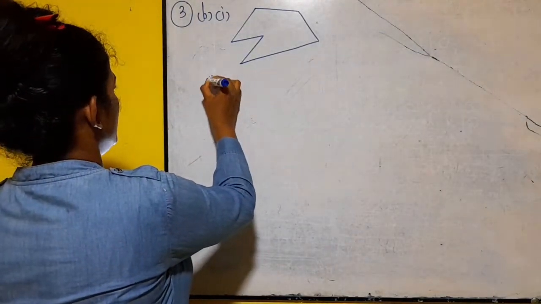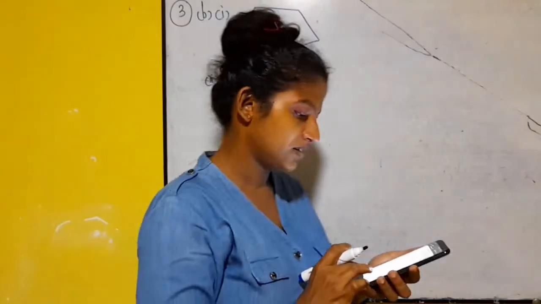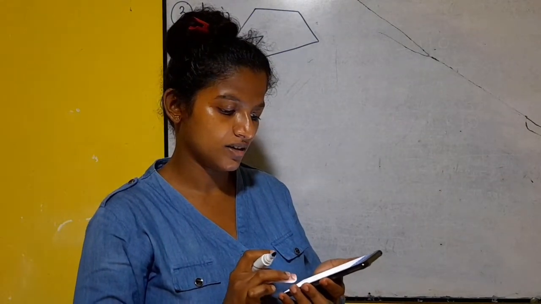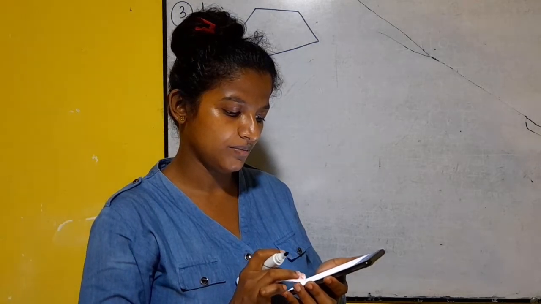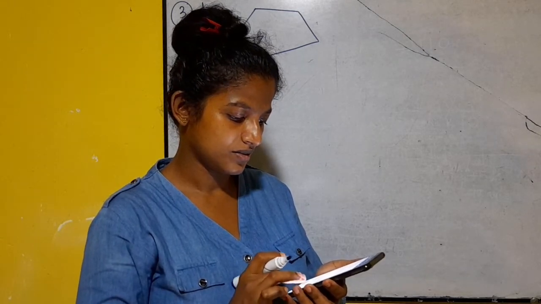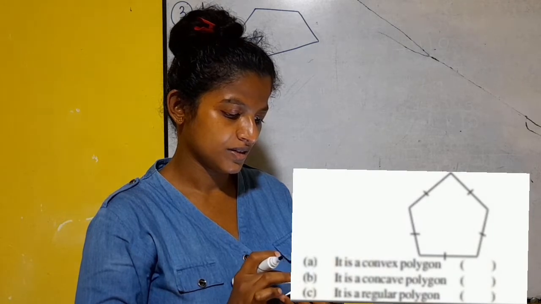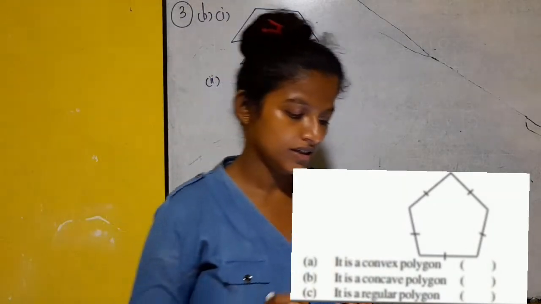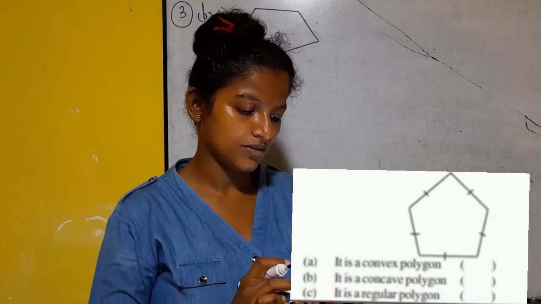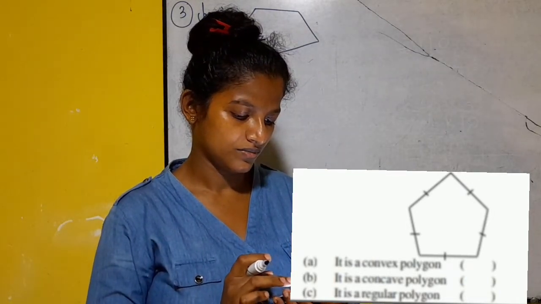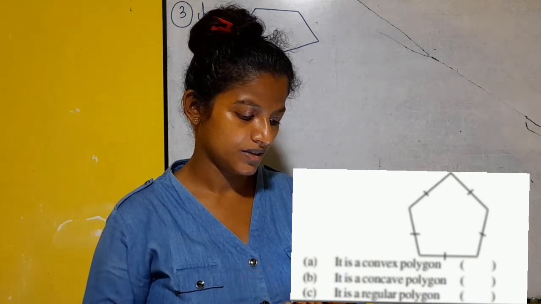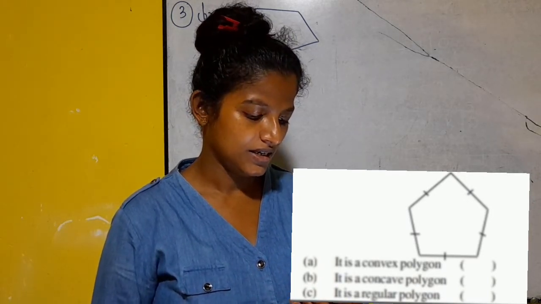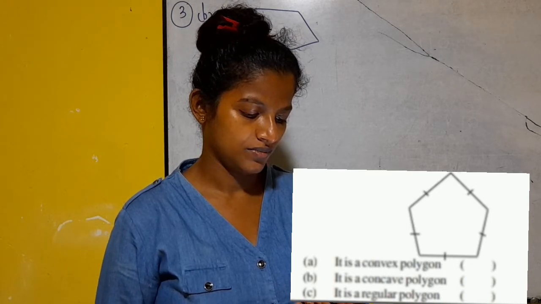Then second question. These 3 statements about the plane figure shown in the diagram are given below. If the statements are correct, mark 3, and if the statements are incorrect, mark 5. Answer A: it is a convex polygon.